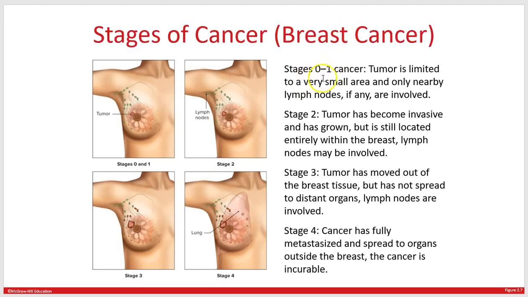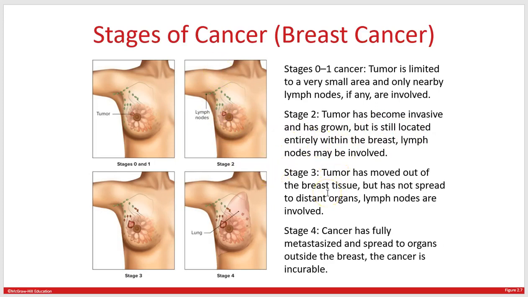So stage 0 to 1, the tumor is limited to a very small area and only nearby lymph nodes, if any, are involved. Stage 2, the tumor has become invasive and has grown, but it's still located entirely within the breast in this situation. Lymph nodes could be involved.